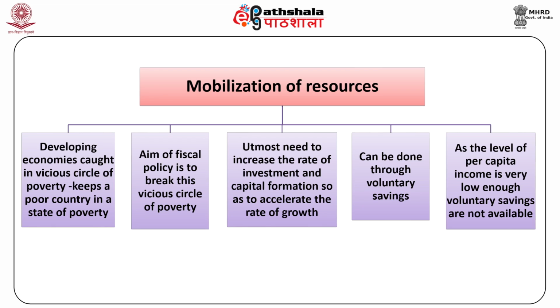Since most developing economies are caught in the vicious circle of poverty, which keeps a poor country in a state of poverty, the aim of fiscal policy is to break this vicious circle of poverty. For this, there is an utmost need to increase the rate of investment and capital formation so as to accelerate the rate of growth.